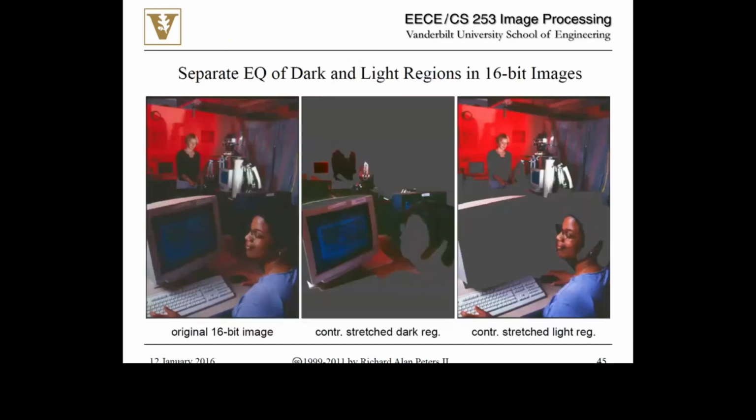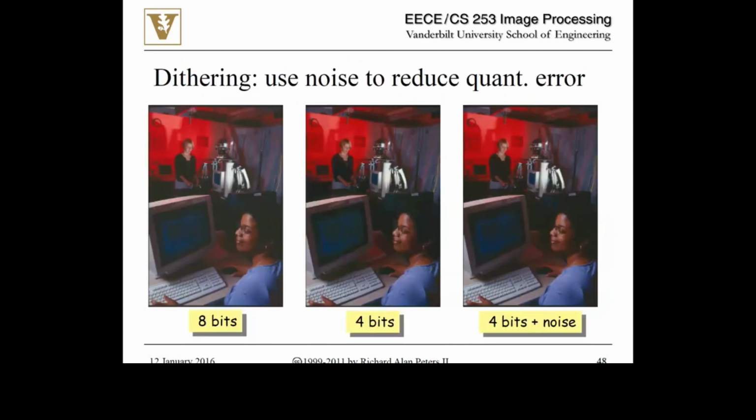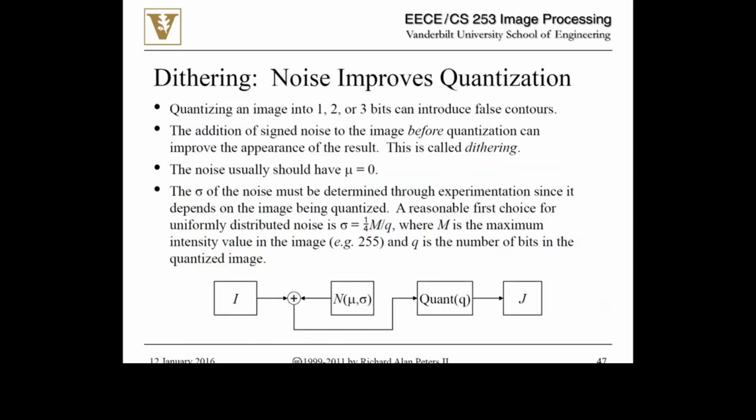We have to control a bit the variance of that noise. Let's say that for image I, the maximum value is capital M. So we will define the sigma of this noise to be M divided by Q divided by 4. So you add a little bit of noise, and then you quantize.